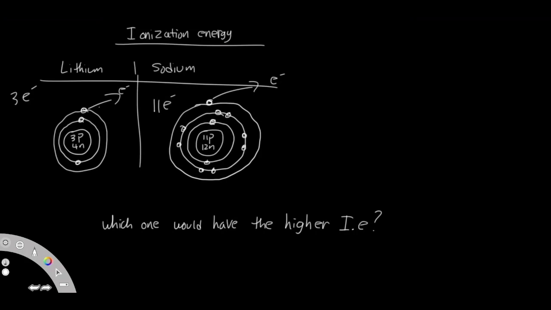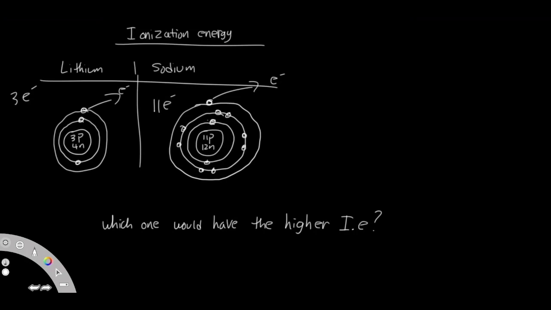However, look over here. Look at this electron. This electron is very, very close to the center of the nucleus. There is only one layer of shielding. This one here has this and this that has a shielding effect.